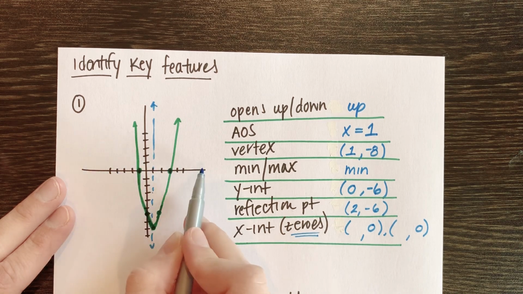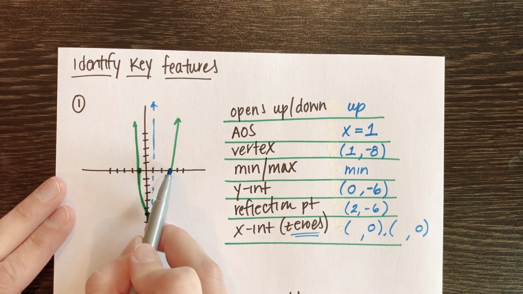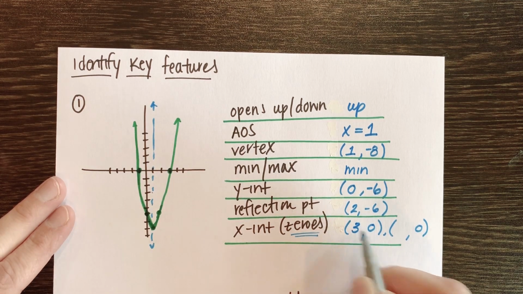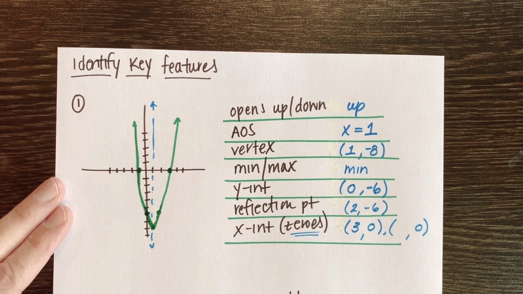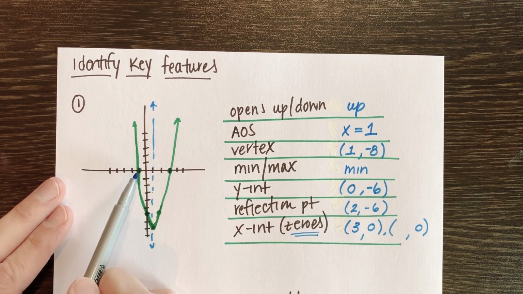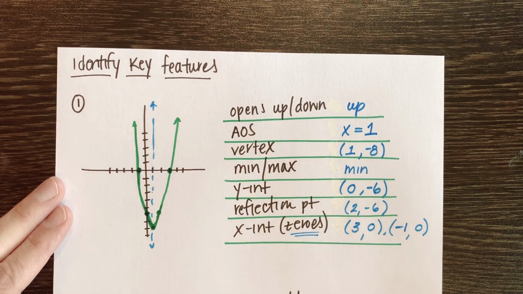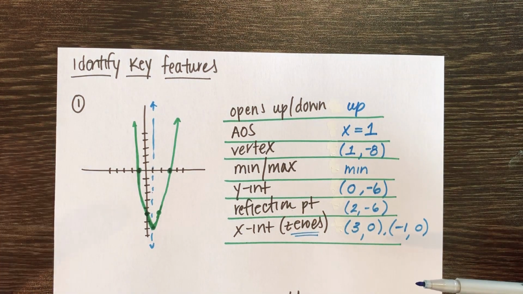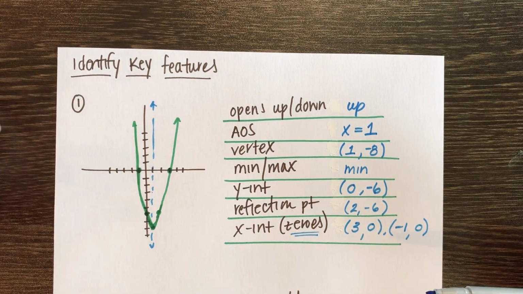I have no y value. So if I'm over here at this x-intercept, I'm at 1, 2, 3, 0 is one of my x-intercepts. If I look at this other x-intercept, what's the ordered pair? That's at (-1, 0). That's my other x-intercept.